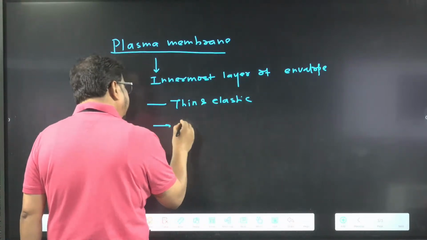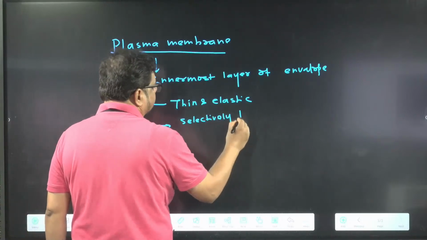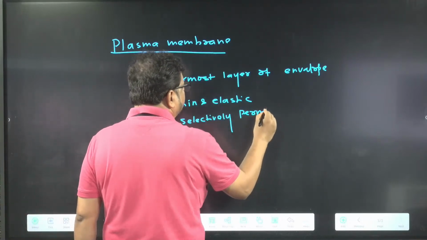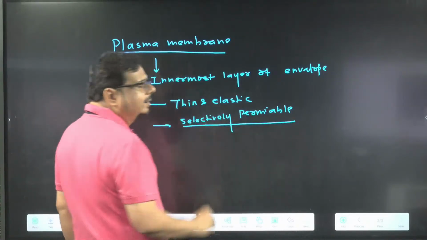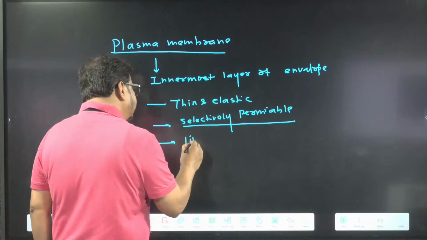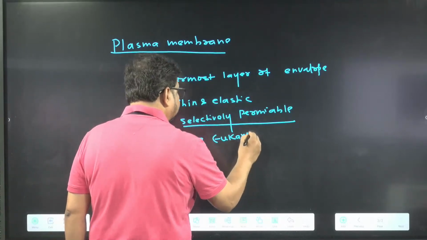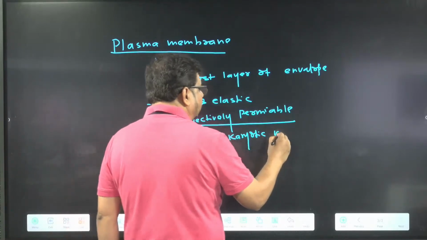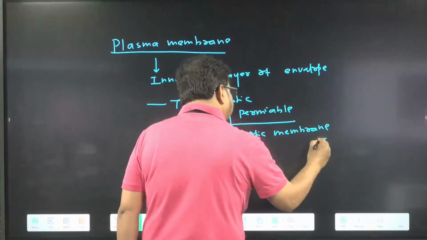It is selectively permeable. Do you know the meaning of selectively permeable? It allows the solvent plus selected solutes to pass through it, and it is like the eukaryotic membrane.